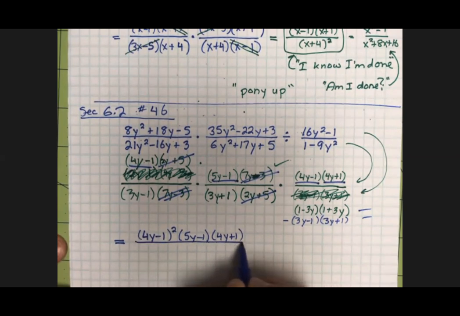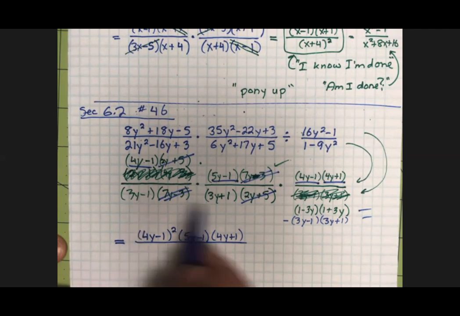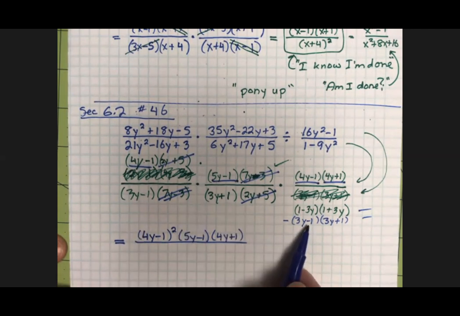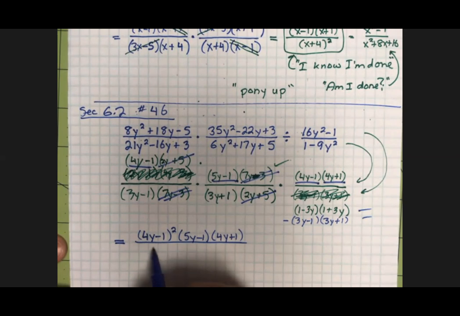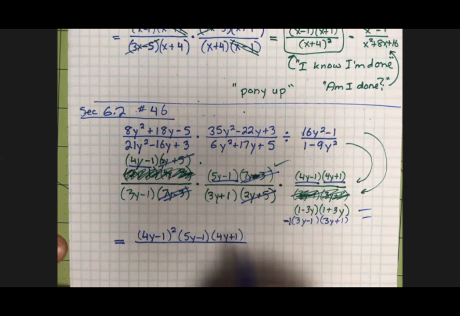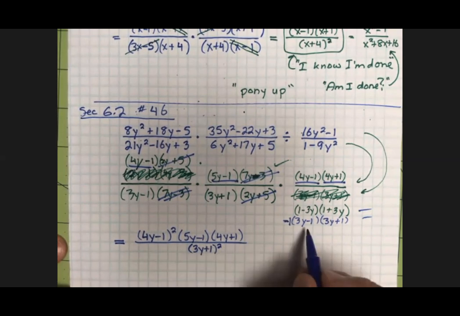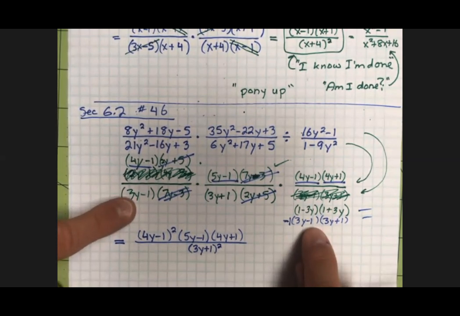On the bottom, I have 3y minus 1 times 3y minus 1. But then I got to keep that minus sign in there, right? Minus 1 times that. 3y plus 1, 3y plus 1. If I was being very elegant and neat, don't say 3y plus 1, 3y plus 1 side by side. Just say 3y plus 1 squared. And here's 3y minus 1 squared. But I got to keep that minus sign there.